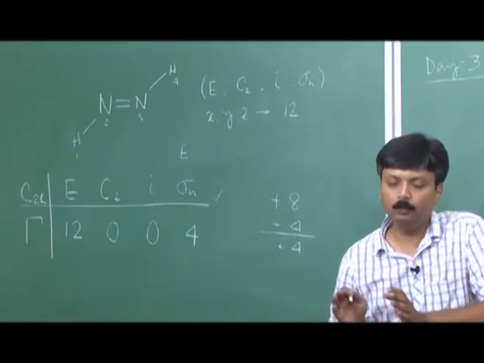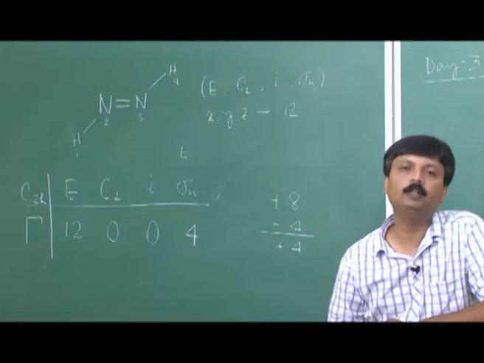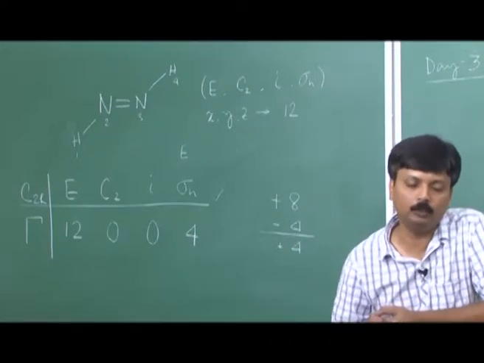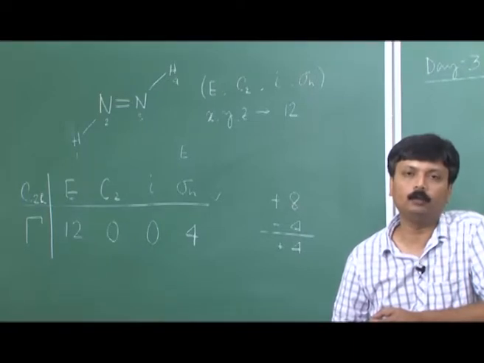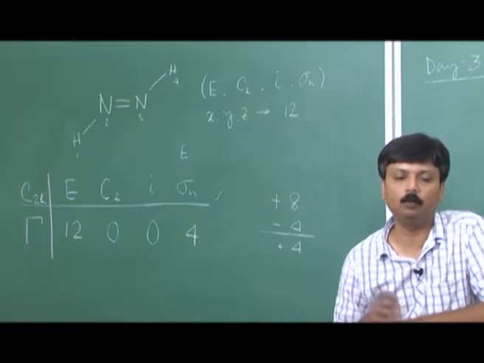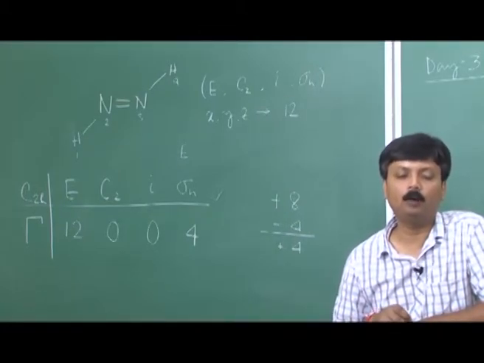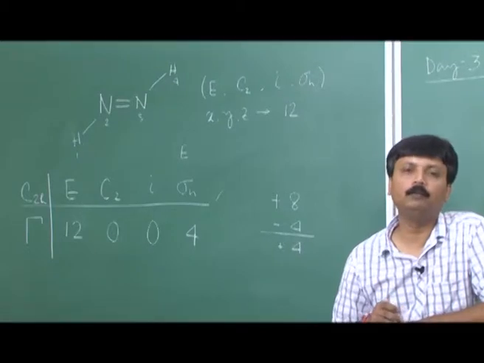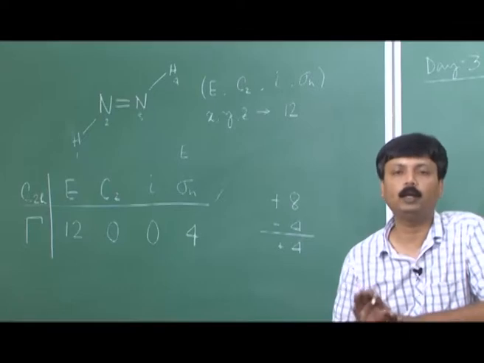But in order to be able to deal with this kind of linear combination of atomic orbitals, which is very vital to find out which atomic orbitals will contribute to the formation of certain MOs or hybrid orbitals, we need to know about the relation between group theory and quantum mechanics.